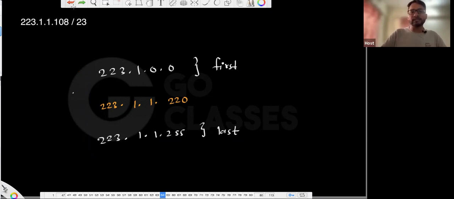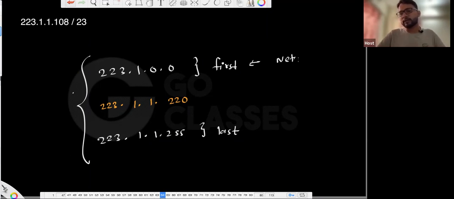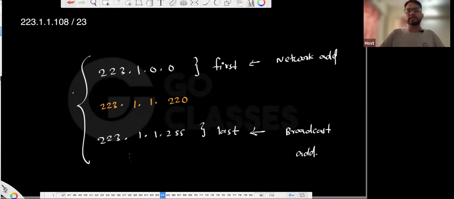This complete thing is a network, which means there is a first address, which is your network address or network ID, and a last address, which is your broadcast address. Given just this one IP, 223.1.1.108/23, you have found all the details of the network.